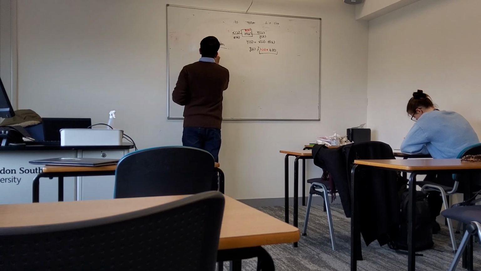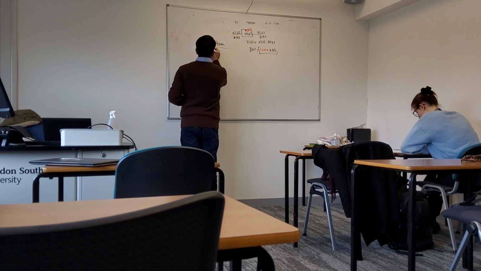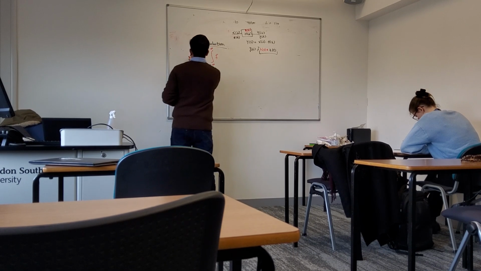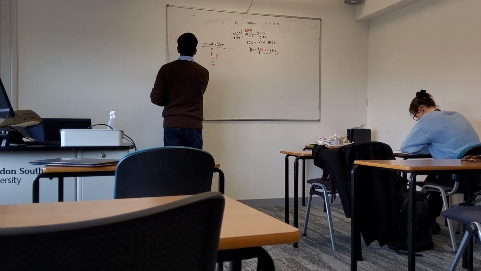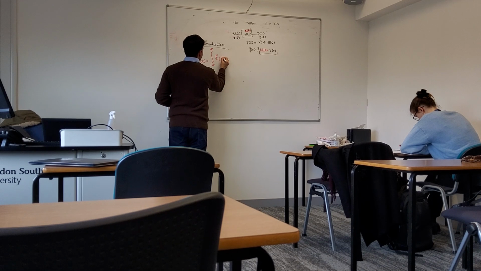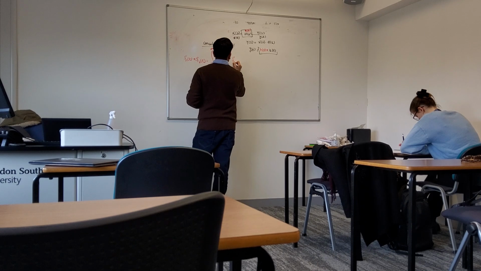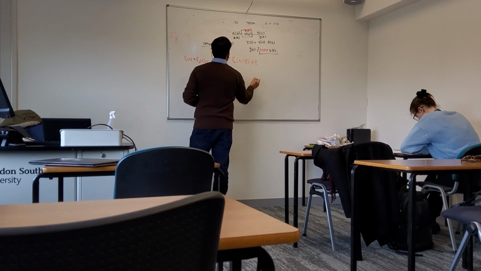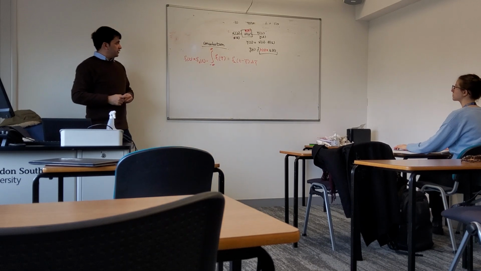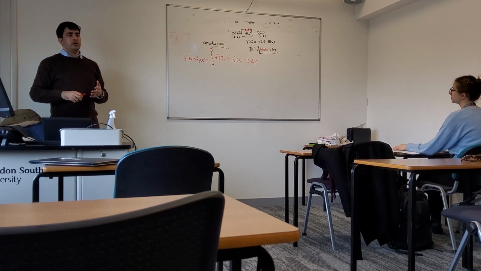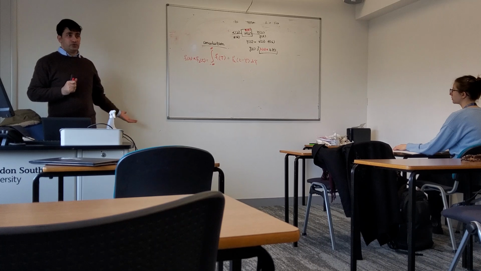Normally, convolution is: f1 of t convolved with f2 of t is equal to the integral of f1 of tau multiplied by f2 of t minus tau. This is how we find convolution.